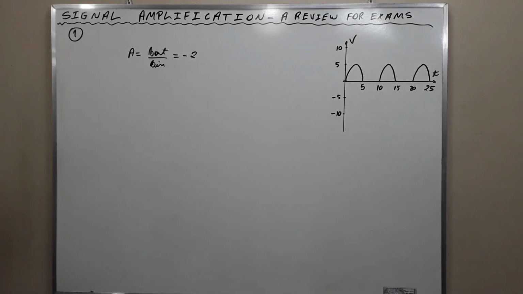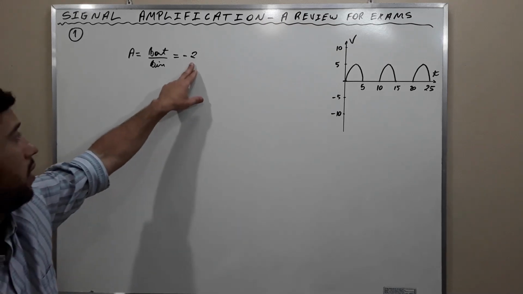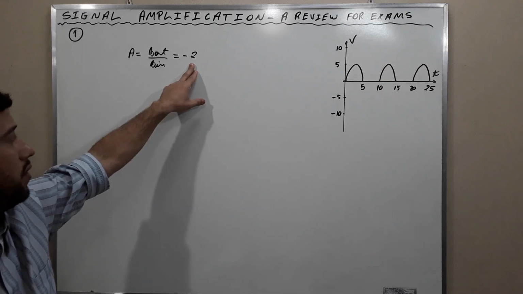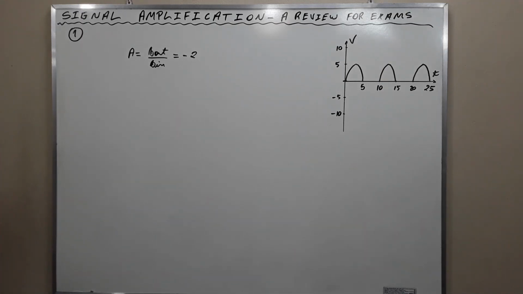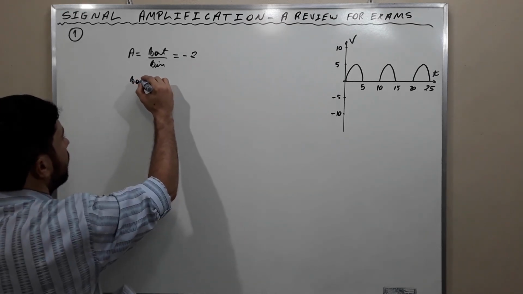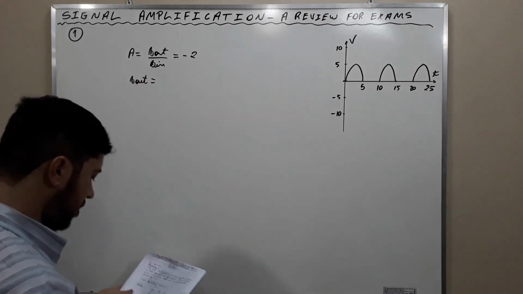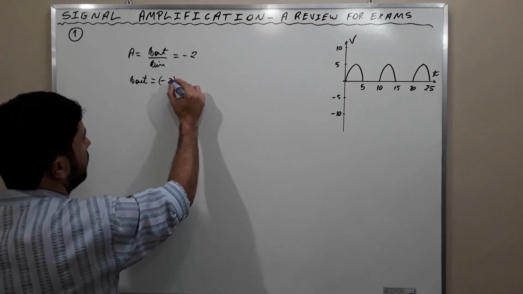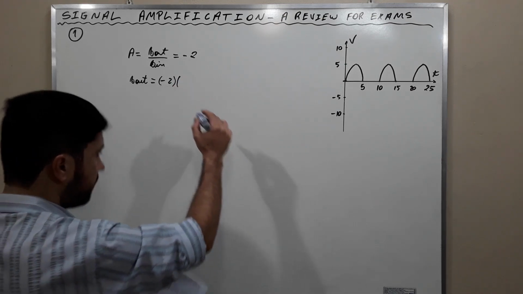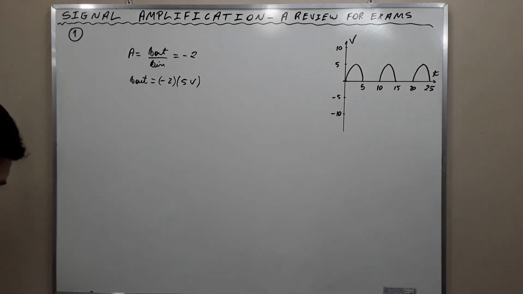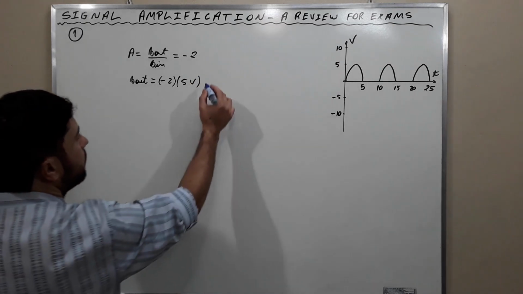The exercise said that the amount of amplification is equal to -2. Okay, this is the gain or the amplification factor. Therefore, V out is equal to -2 times 5, alright? Which is equal to -10.